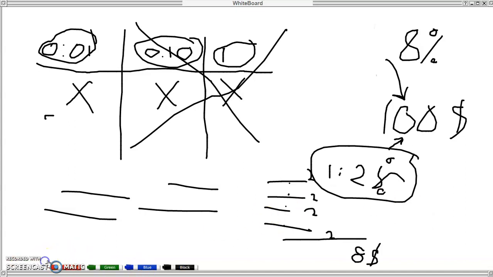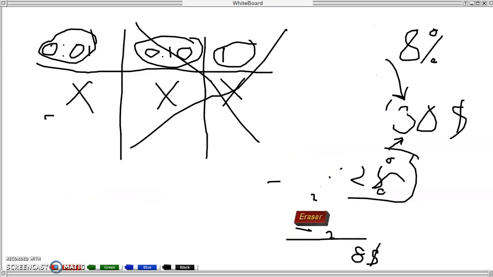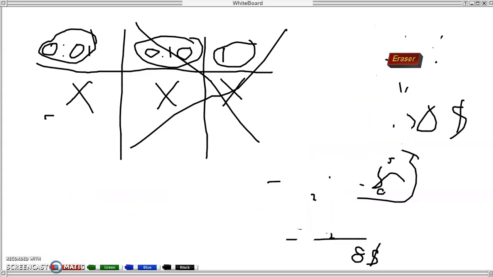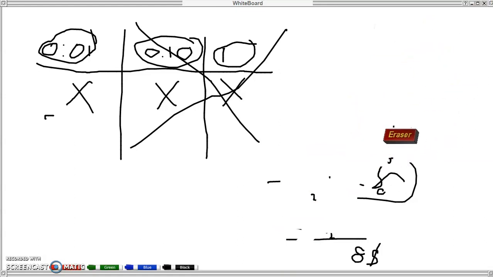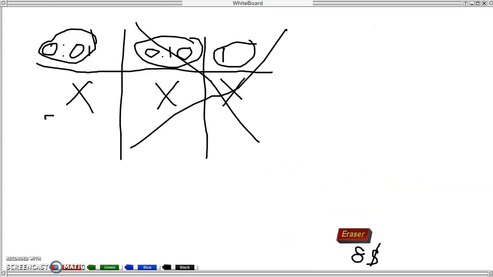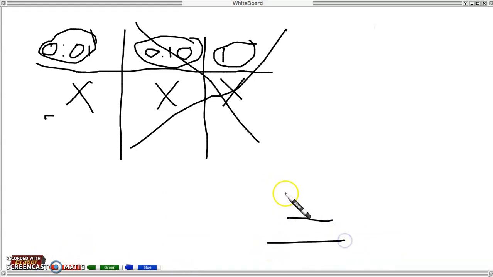So let me just erase this. It's relatively easy to understand and simple. So our risk management in the forex market is that we try to risk 1 to 2 or more. What I mean by that is, if my entry point is here, I want to risk 1 for 2, or 3, or 4, or 5, or 6.